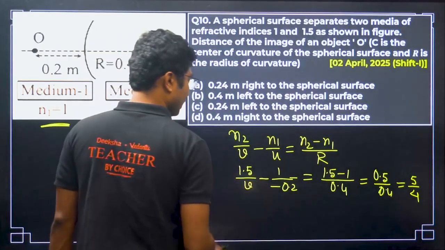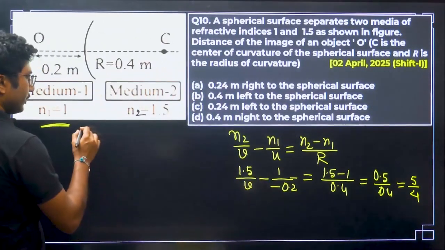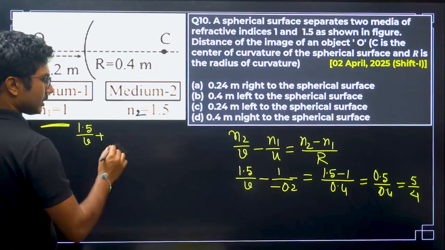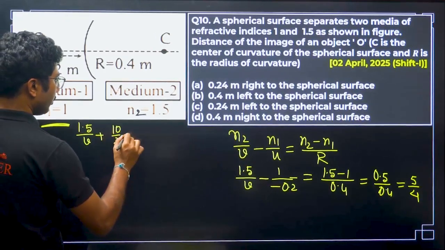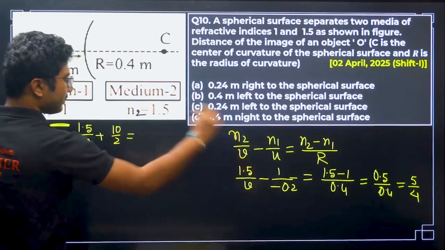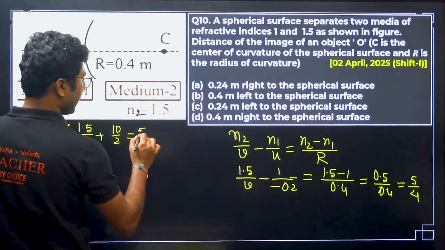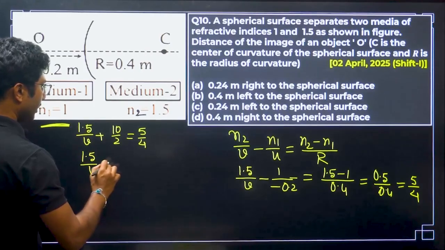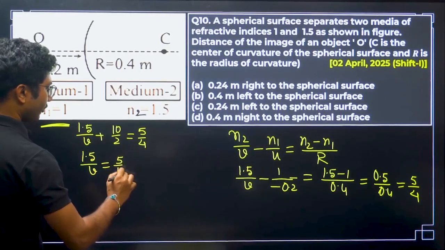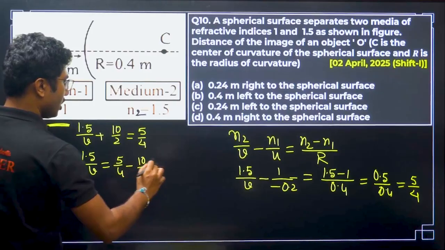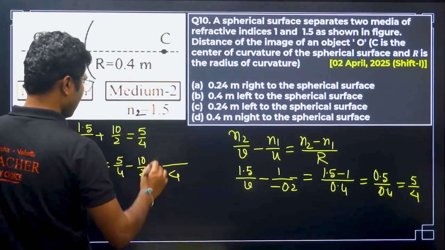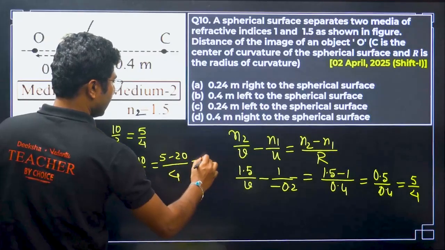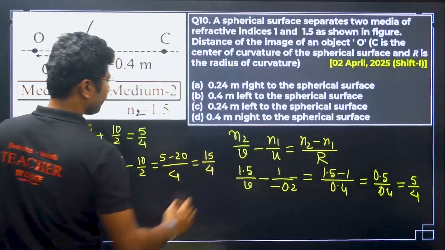Now let's simplify this again. We get 1.5 by V plus 10 by 2 equals 5 by 4, or 1.5 by V equals 5 by 4 minus 10 by 2, which is (5 minus 20) by 4, that is minus 15 by 4.